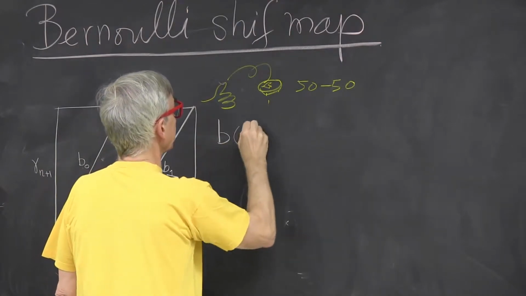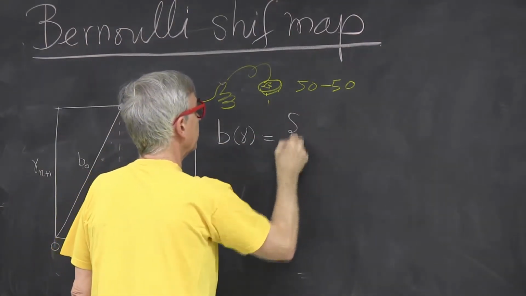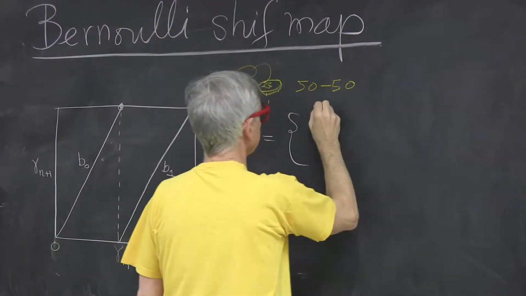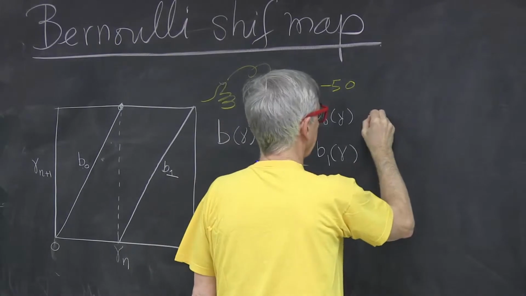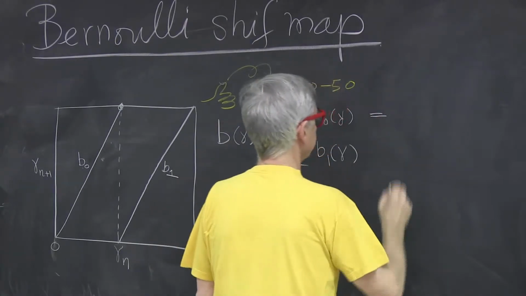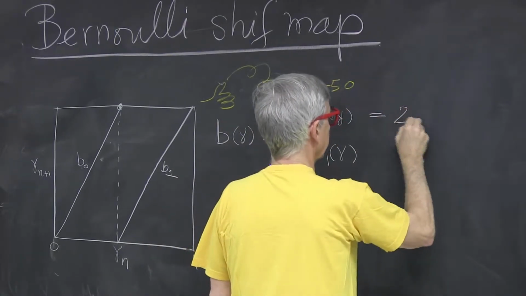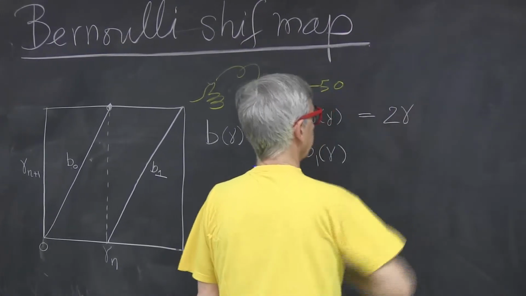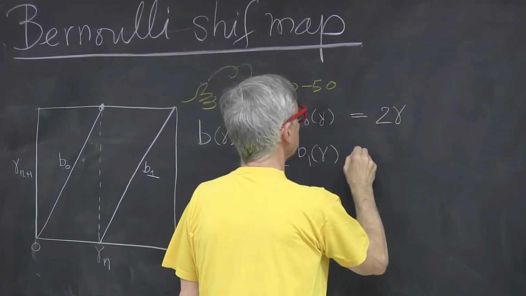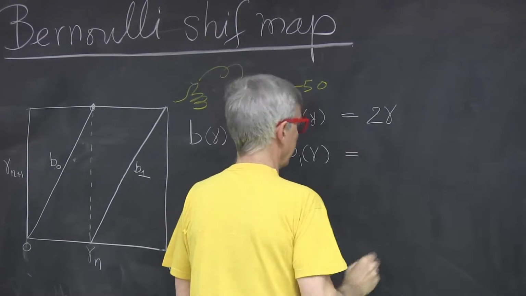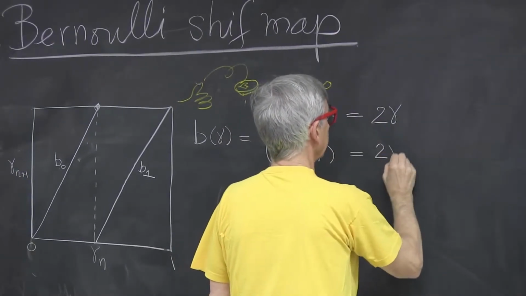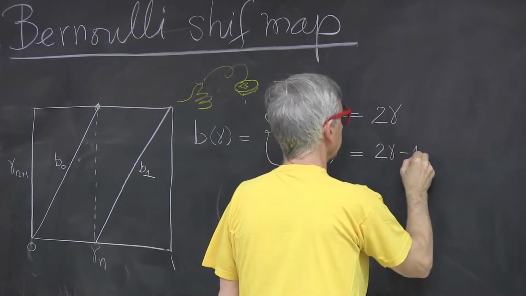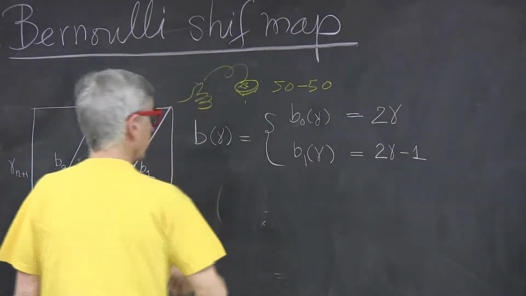B is a function of gamma, and consists of two branches. Left branch, in there you take gamma and multiply it by the number 2, and right branch where you take gamma, multiply it by 2, but then you subtract 1. So you're still on the unit interval.